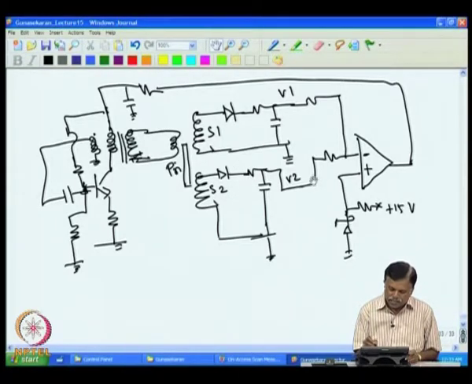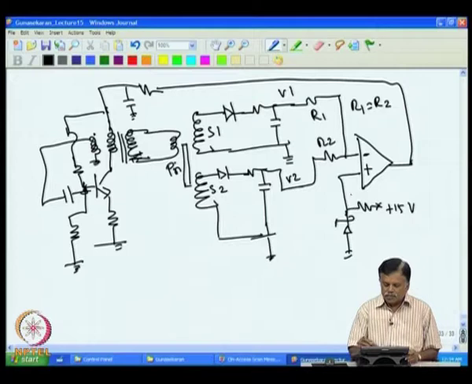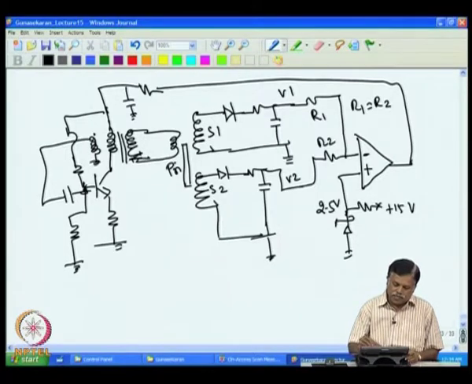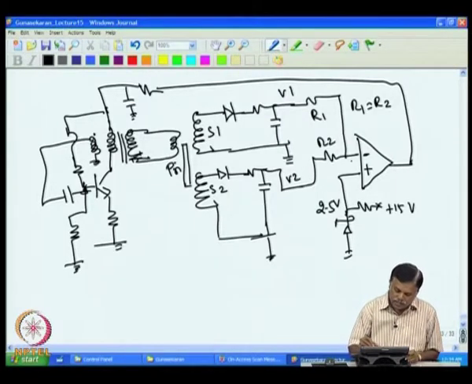Now, if we take this voltage, what I am trying to do is compare these voltages, say R1 here, R2 here, they are equal, say R1 is equal to R2, and assume that this is kept at, say, 2.5 volt or 5 volt. In case the sum of the voltages increases, then this will increase and that will make the output decrease.